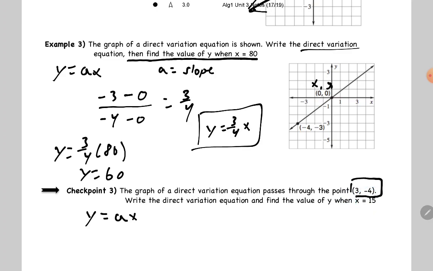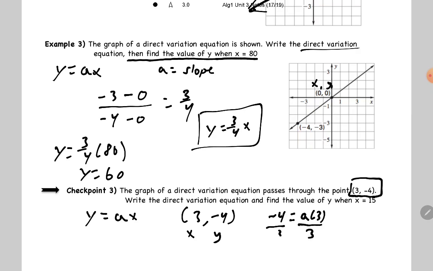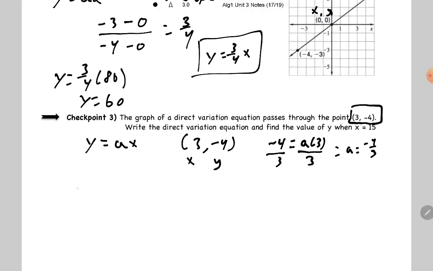This coordinate, 3, negative 4, is my x and y coordinate, so I'm going to plug that into our equation. Negative 4 for y equals a times 3. Since we're multiplying by 3, we divide both sides by 3, and I'll get a equals negative 4 over 3. So there is my slope, and my equation is y equals negative 4 over 3 x.